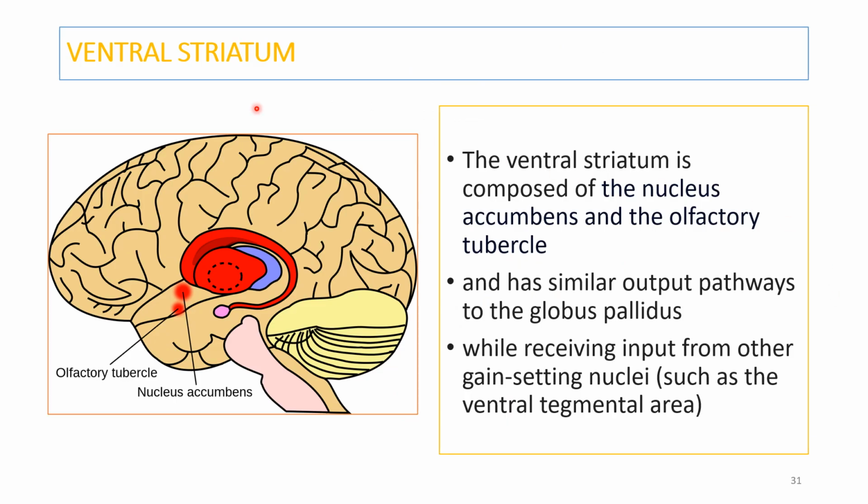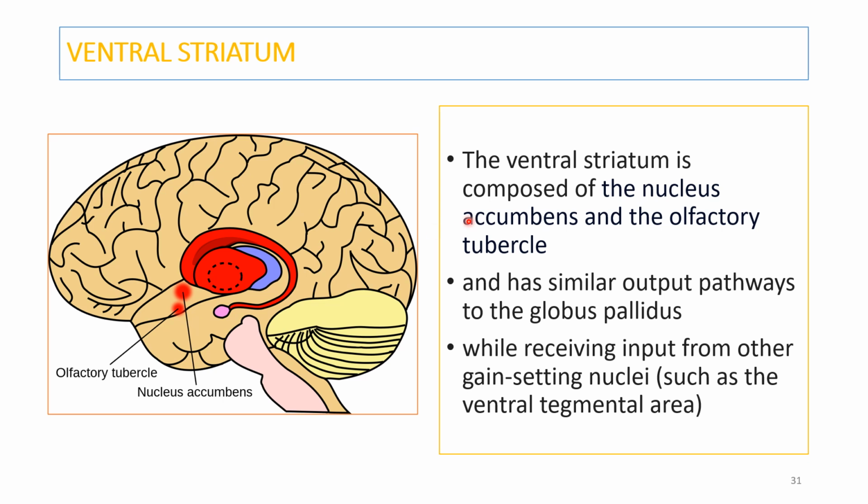Now coming to the ventral striatum. We have already seen what this ventral striatum is, or ventral pallidum. There is a small ventral extension from the dorsal pallidum, that is ventral pallidum or ventral striatum. So what nuclei is it composed of?